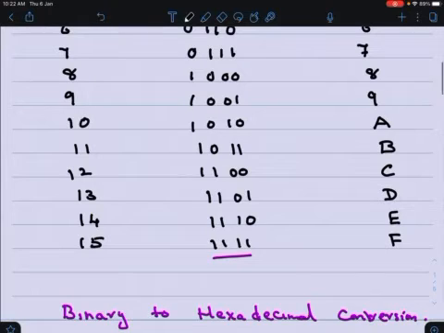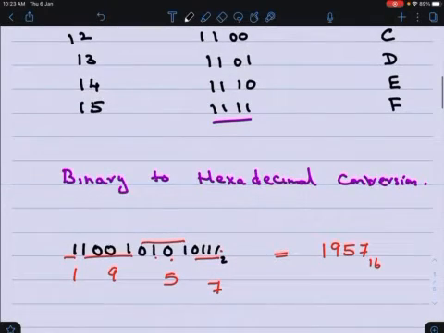Now let's learn about the binary to hexadecimal conversion. In binary to hexadecimal conversion, what we do is, we start with the binary point and then break it into the 4-bit groups. I'll just show you how it is.